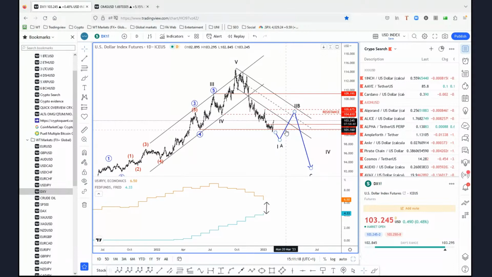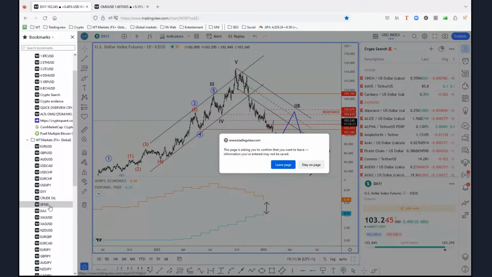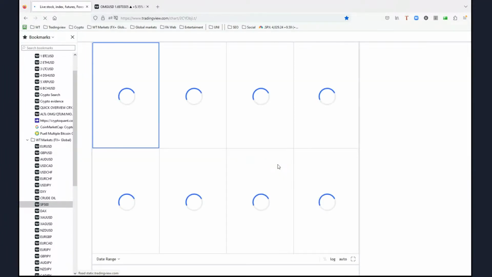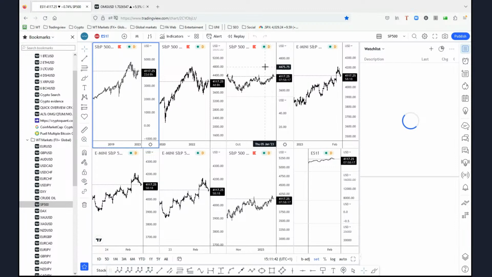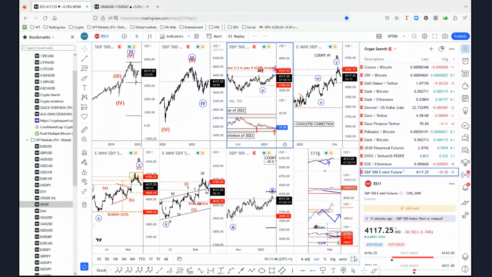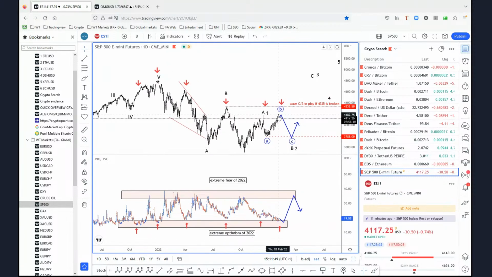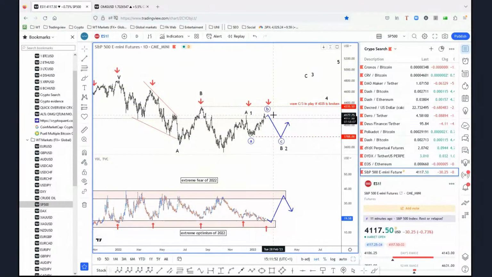On the other hand, we have to keep in mind what this means for stocks. If the dollar continues to see more strength, there is a chance that stocks will stop at the resistance. I know that stocks saw a very nice move to the upside last week, but as I will show you on the next chart, so far the S&P is not breaking these key levels. The first resistance was at 4,170, a very important one. We are not seeing a weekly close above that level that would cause acceleration to the upside.